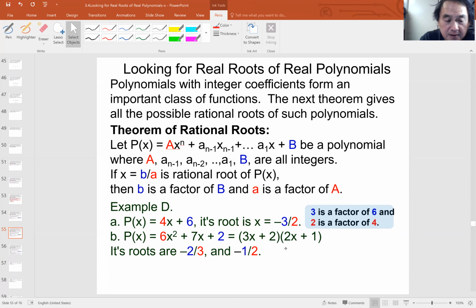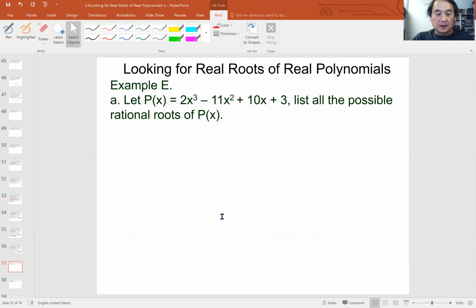Similarly, if I look at this and notice the denominator, for the roots, they are factors of 6, the front term, and then minus 2 and 1 are factors of the constant term. So in other words, all the possible fractional roots are the following.